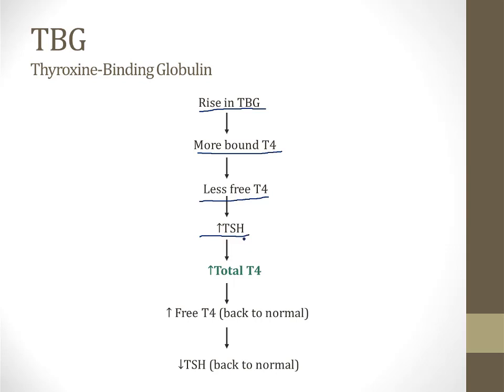This will stimulate the thyroid gland to synthesize more T4 so that there is an increase in total T4. When the total T4 level goes up, that will increase the free T4 level, so it goes back to normal, and then the TSH level will fall and also go back to normal. So among women who are pregnant or women who take oral contraceptive pills, you will see an increase in the total T4 level in the setting of a normal free T4 level and a normal TSH level.